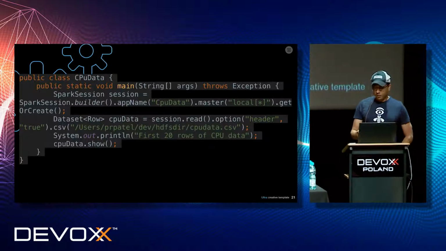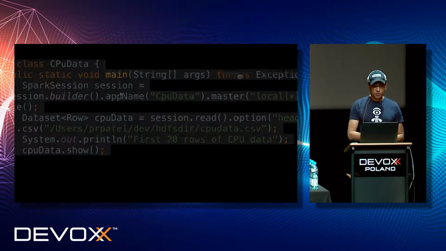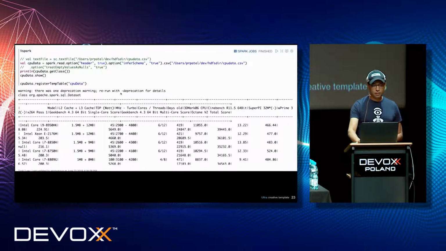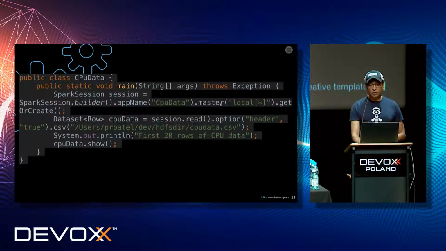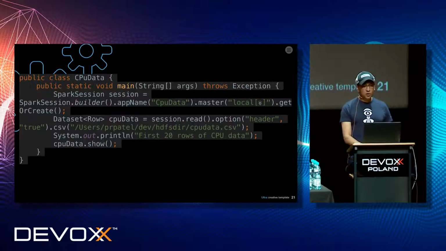So we construct a Spark session right here. Oops, let's go back. That didn't work. Okay, so we constructed a Spark session, and when we're building this Spark session using Java here, we say create a new master on the local computer, and the star means let's use all of the CPU cores available.